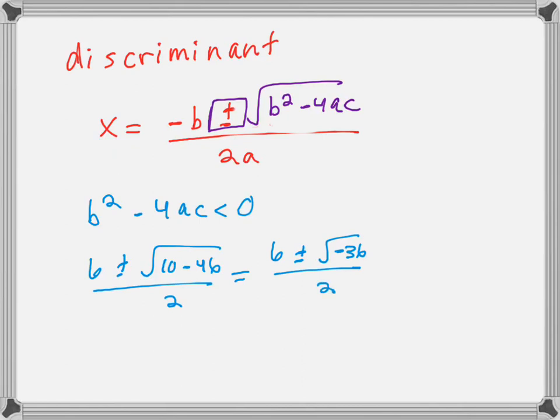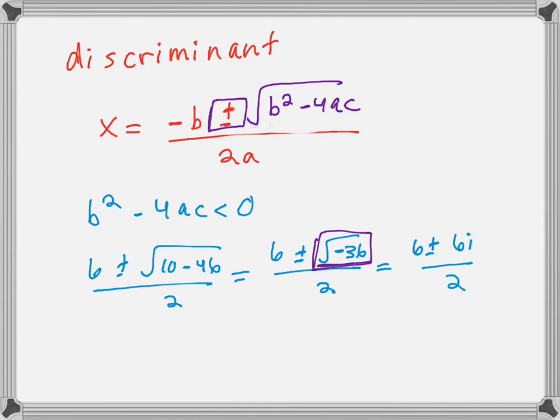And if we simplify this, we get 6 plus or minus 6i over 2, because this negative comes out and it becomes imaginary. So whenever you have a negative inside of a root, it can't be a real solution, right? So right here, this makes the solution imaginary, and it always does. So because this is the discriminant, if our discriminant is less than 0, it's always going to be imaginary.